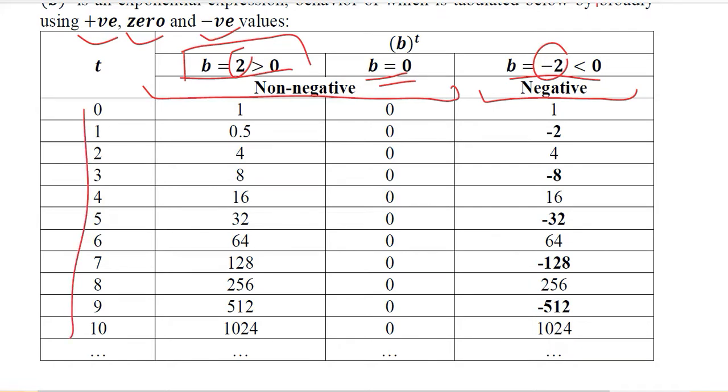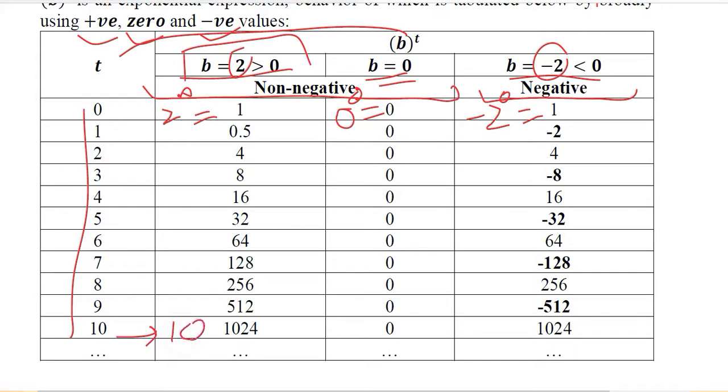If we put these values of t in this expression, 2 raised to the power 0 will be equal to 1. Here 0 raised to the power 0 will be equal to 1, and here -2 raised to the power 0 will be equal to 1. So you can verify these calculations.